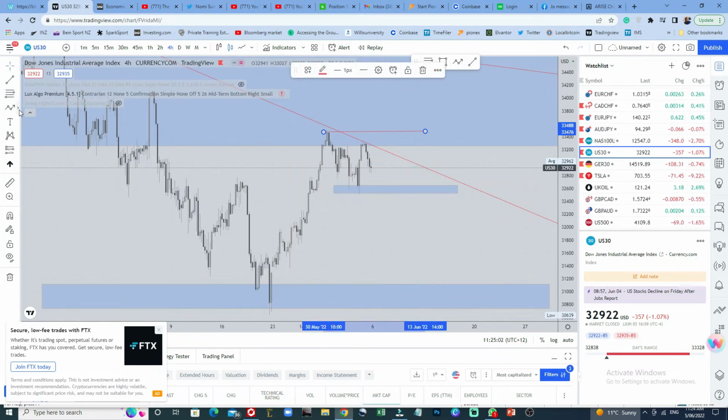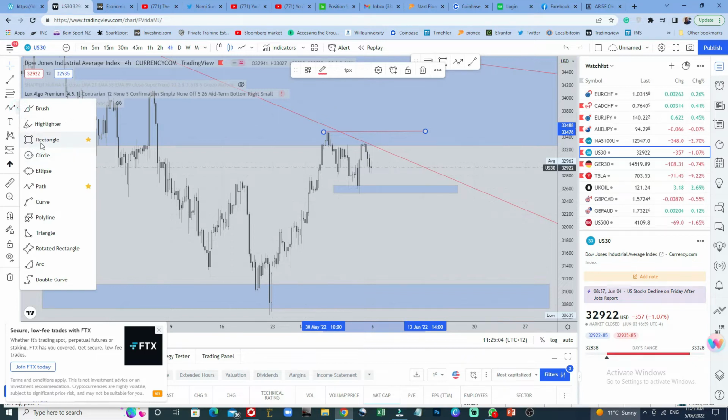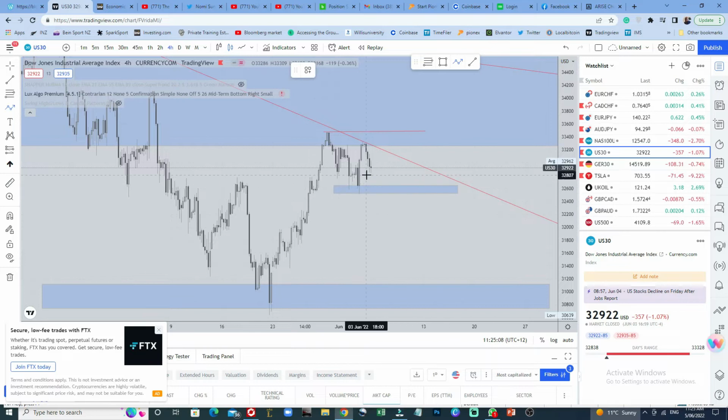What I'll be waiting to do is, I'll be expecting the market to go whichever way. I have two options in my mind. I'll wait for the market to come down, retest this level, and give me a bearish candlestick after I retest. Once it gives me those two signs, I will take a sell.